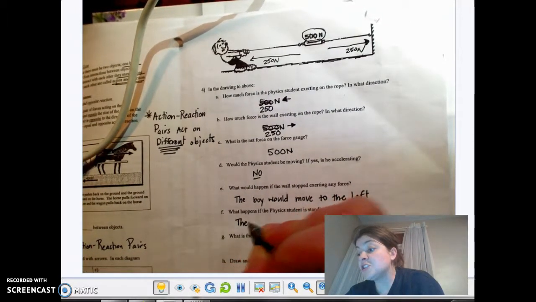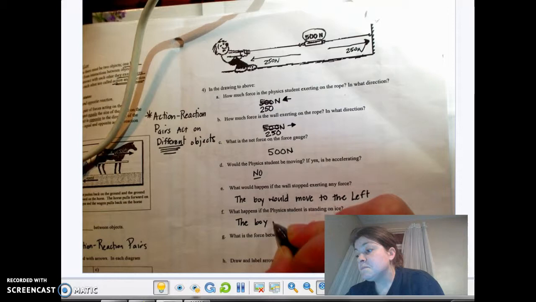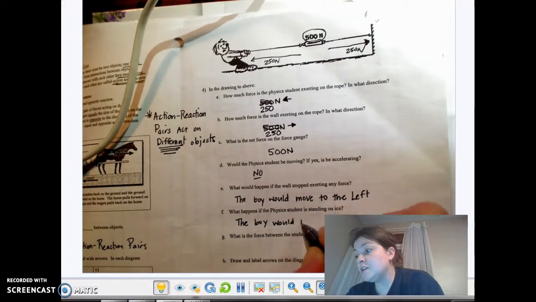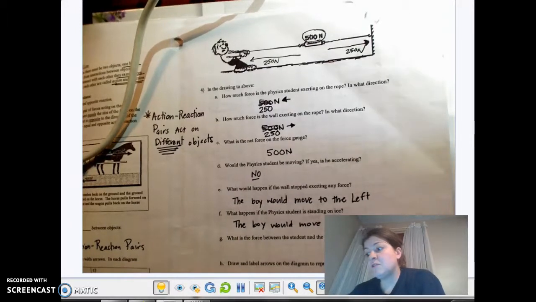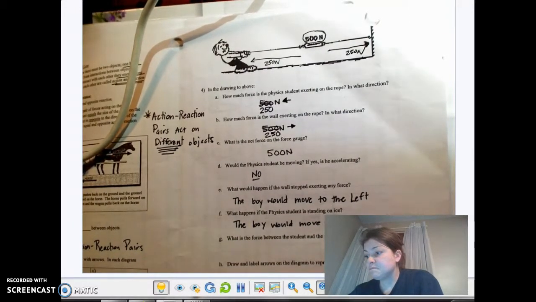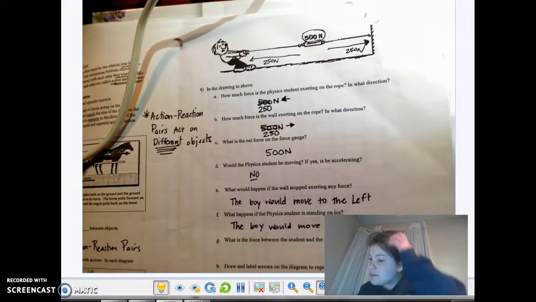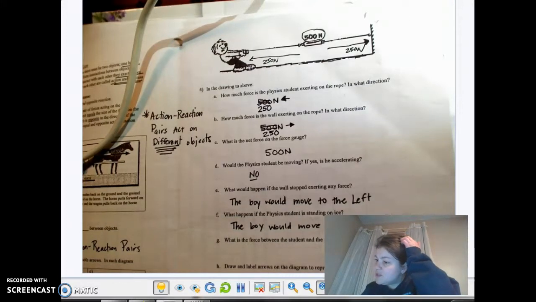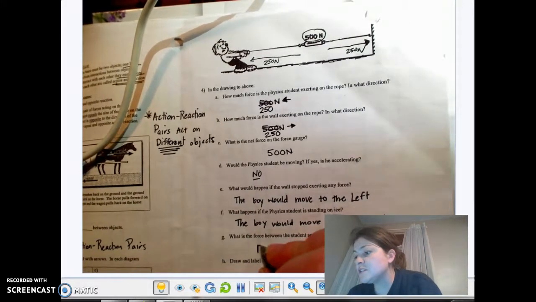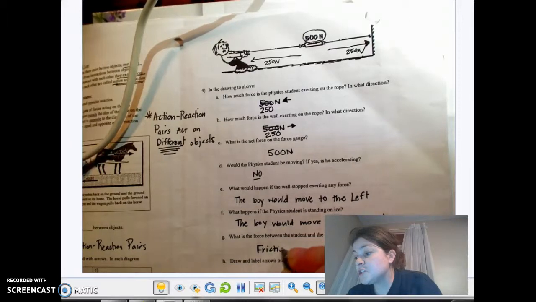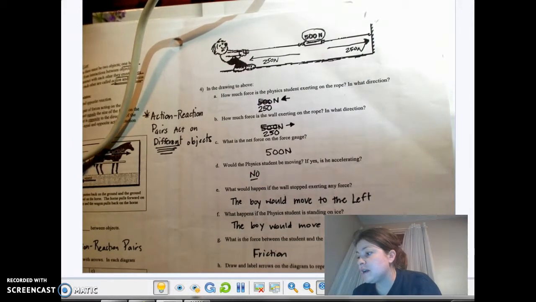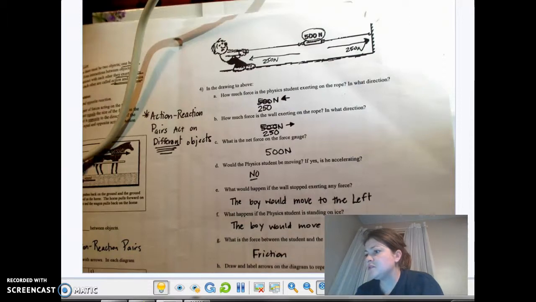So less friction, the boy would move to the right, correct? What is the force between the student and the ground called? That's the force of friction.